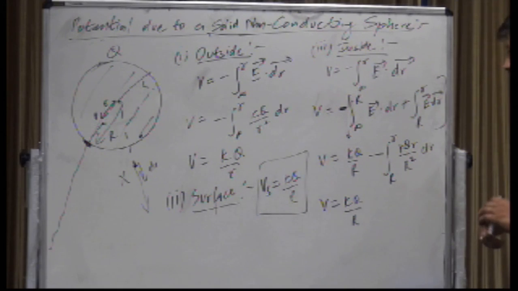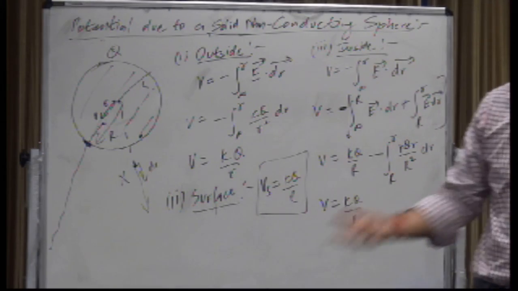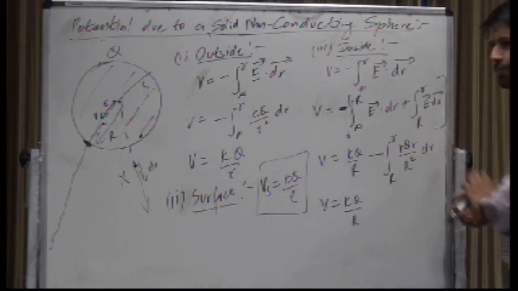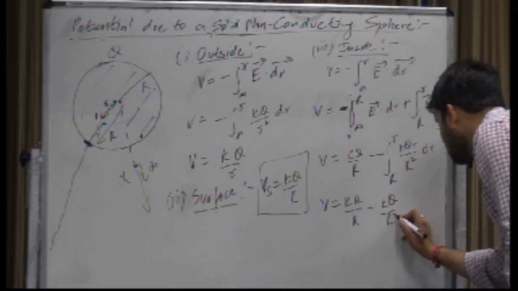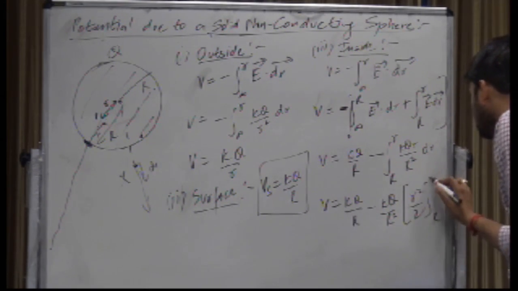Now what? kq and capital R square are constants. r dr would form r square by 2. So it's very easy now. r square by 2, capital R to small r.